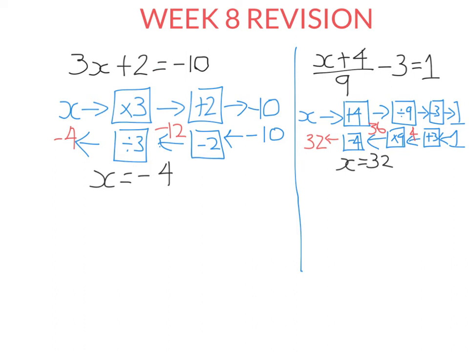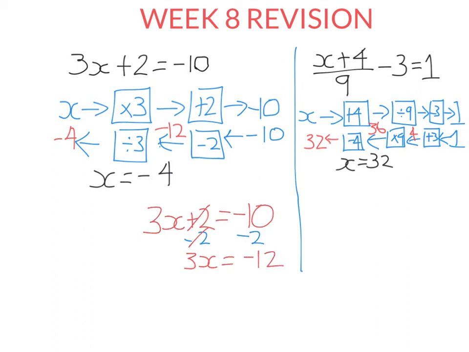So for 3x plus 2, we multiplied by 3 and added 2. Adding 2 was the last thing we did. So we'll start with our equation and subtract 2 from both sides. We're undoing adding 2 by subtracting 2. On the left-hand side, of course, 2 and minus 2 cancel out, and I'm left with 3x equals minus 10 minus 2, which is negative 12.